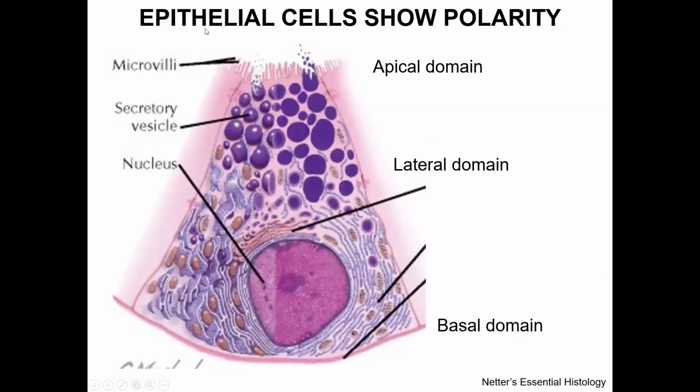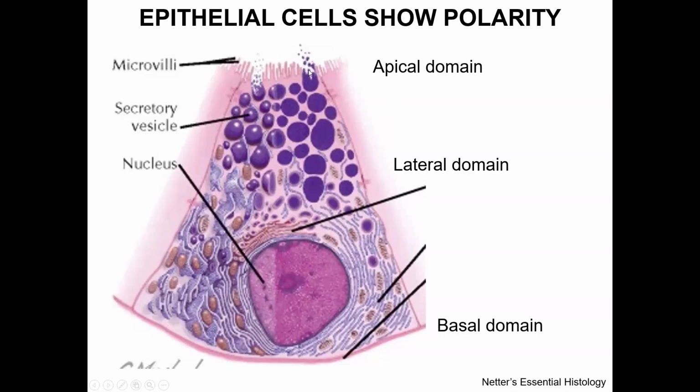Now, I mentioned the epithelial cell polarity. This is a nice drawing that shows a cell that rests with its basal part on the basement membrane. It has lateral portions of the membrane, and these lateral portions are associated with the lateral membranes of neighboring cells.